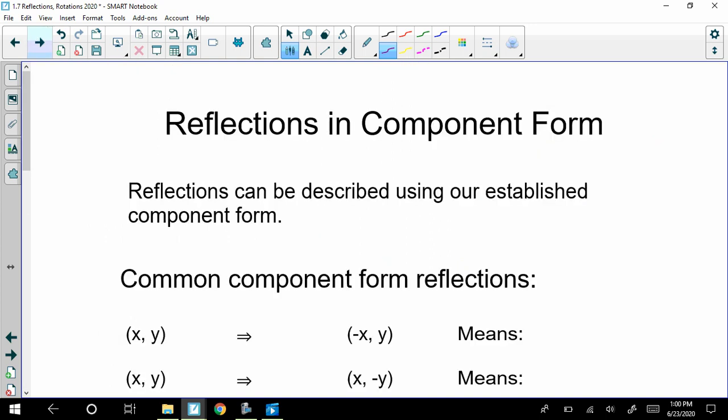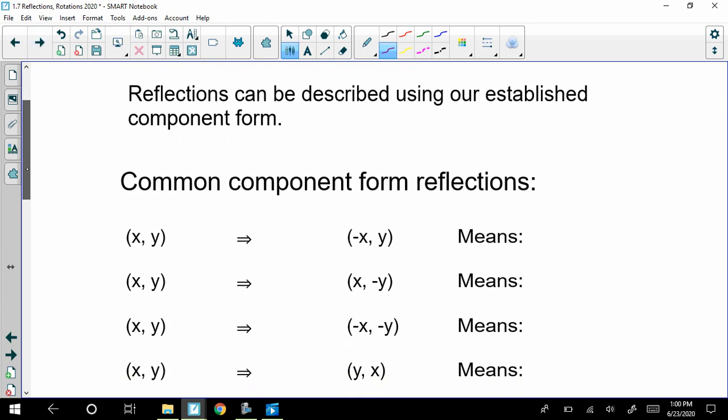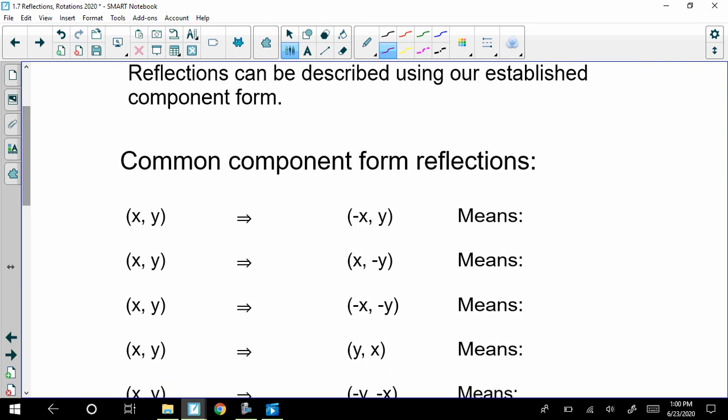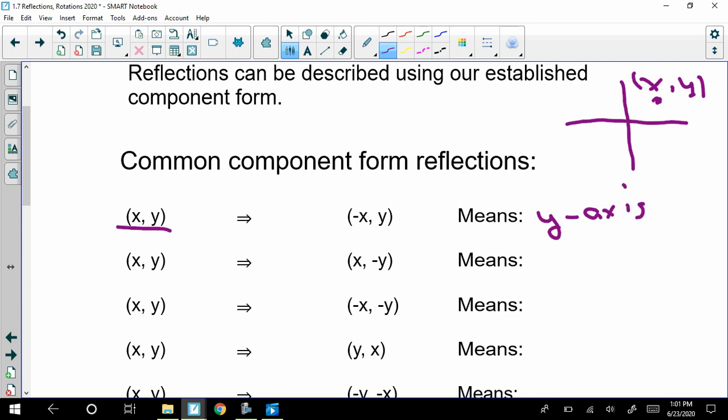All right, here's a summary of what we just looked at. Common reflections. Let's draw our little diagram here. If I have an x, y point and the x turns negative, we flipped it over the y-axis. We reflect over the y-axis.